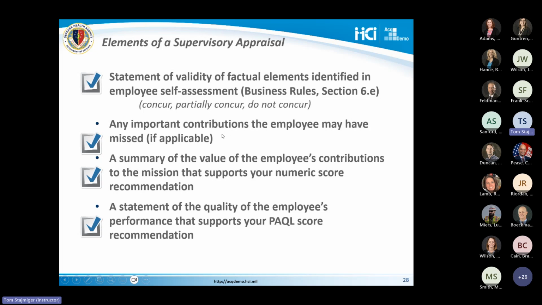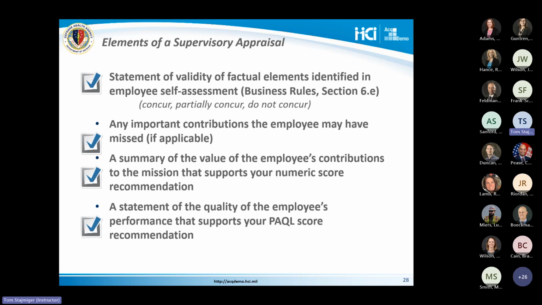Then they'll say, were there any contributions or any descriptors that the employee met or contributed that they didn't write about that I think they should get credit for? If so, I'm going to include that as a supplement to their assessment that you should consider in the pay pool. And then I'm going to use those discriminators.